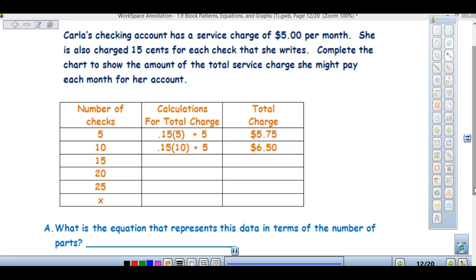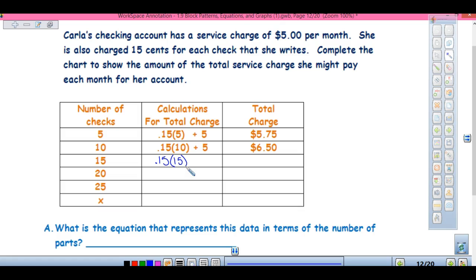Okay, so they did the first two. 15 cents for each check she writes, plus her $5 service charge, brought her to $5.75. Okay, so let's go down here. She writes 15 checks. I think I write like one check a month. But so we have to go 15 cents times 15 checks.